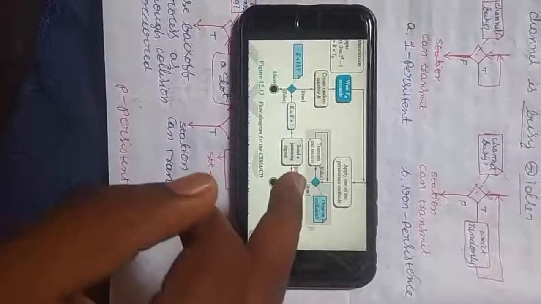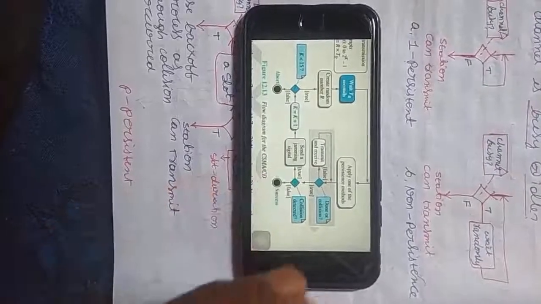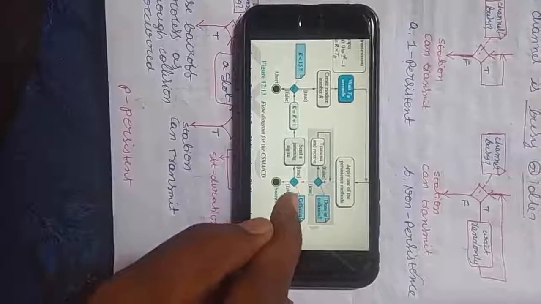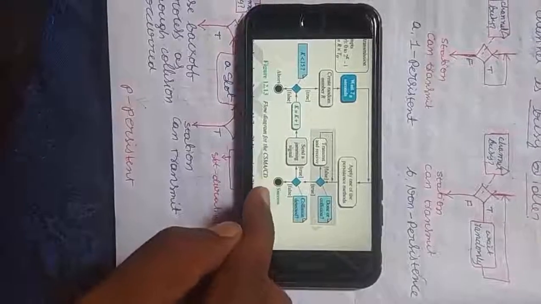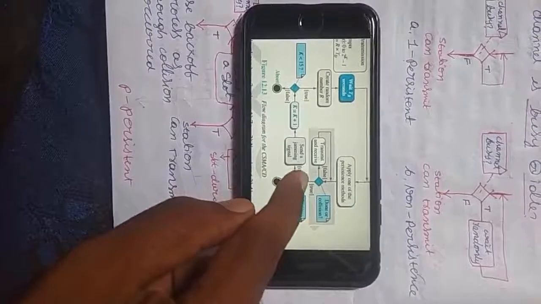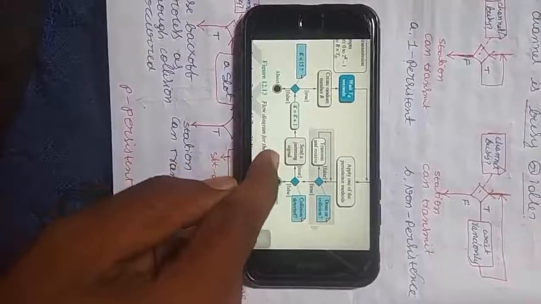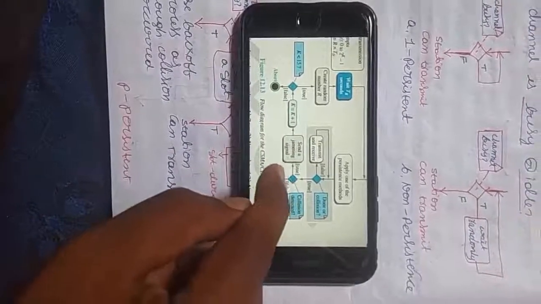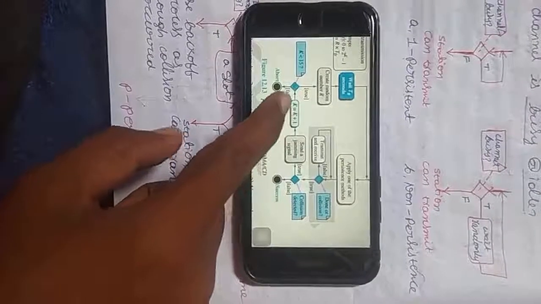If collision detected is false, the transmission is successful. If collision detected is true, we send a jamming signal, meaning we signal that a collision occurred, and then we update the number of attempts.